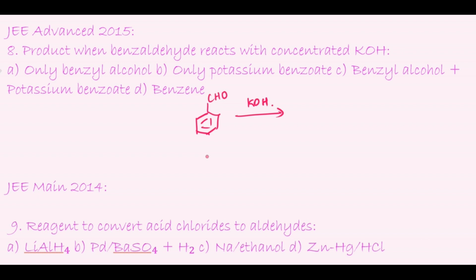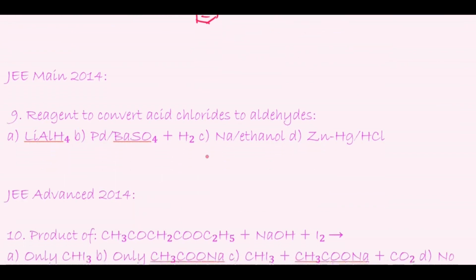So Cannizzaro reaction means what are the products? I have told you Cannizzaro reaction undergoes disproportionation reaction. So that will give you alcohol and also carboxylic acid, or rather the carboxylic acid salt. You can see here benzyl alcohol and potassium benzoate. So that will be your answer.